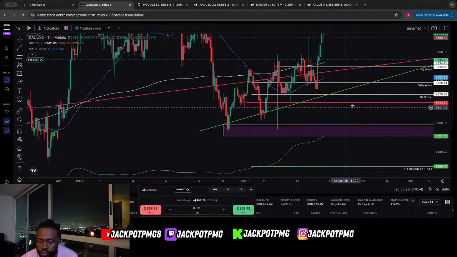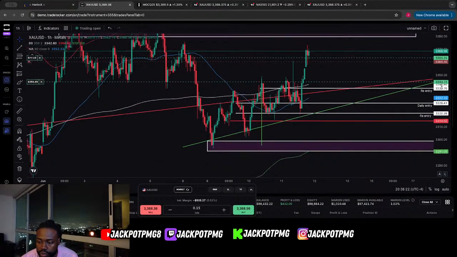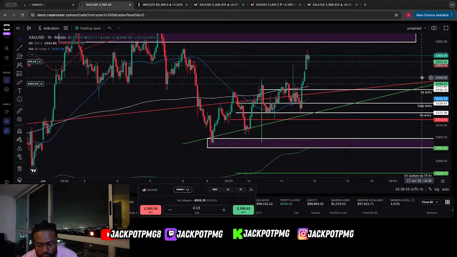Now, the first setup that I had for gold was a gold sell, which went the right direction, and then it went right back up again. The next time it went back up, it took our stop loss after triggering our pending order.